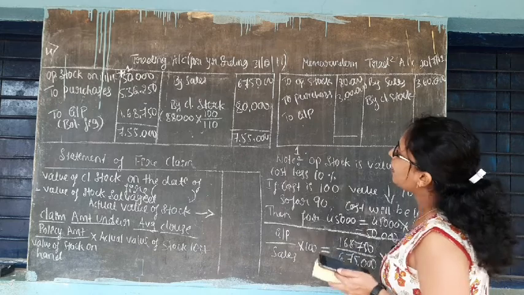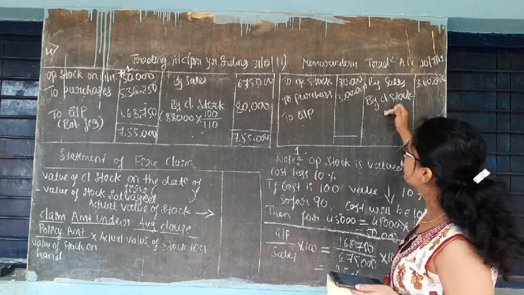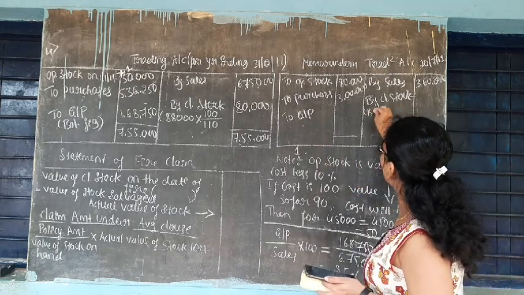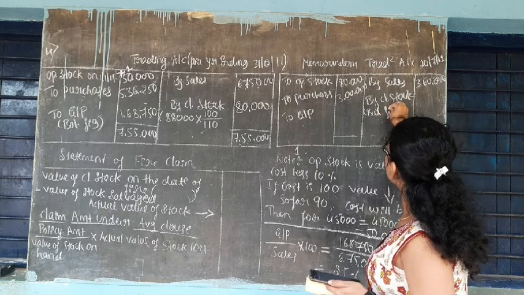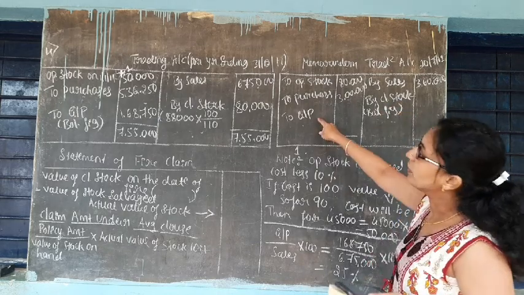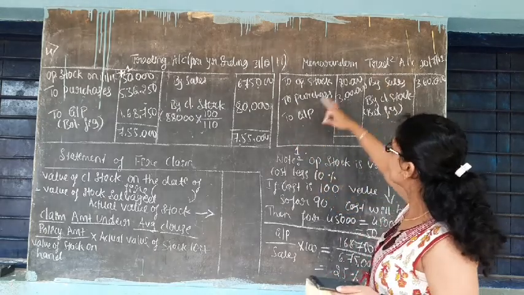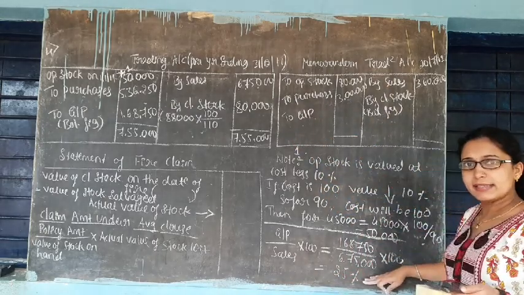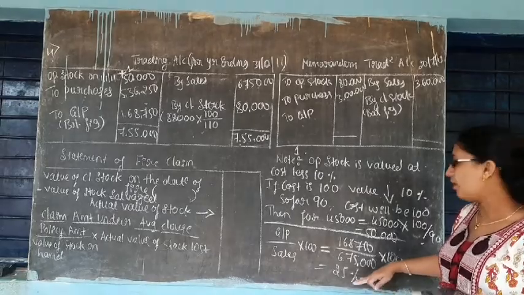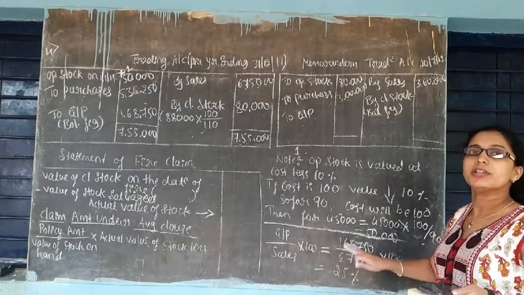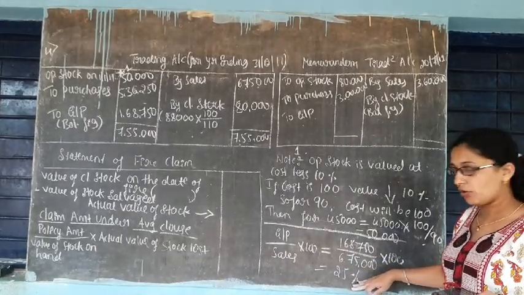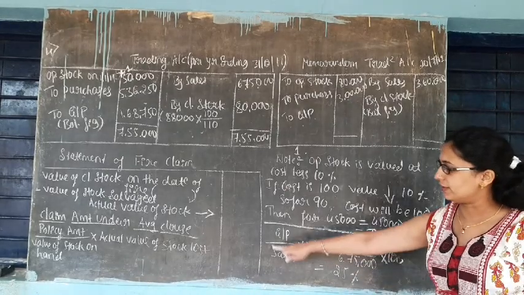Now, to find out the closing stock, the balancing figure will be the closing stock. You must know the gross profit. So, how do you calculate gross profit on sales? By taking last year's profit as a base. So, average gross profit rate is 25% on sales. Just you have calculated by using this formula.